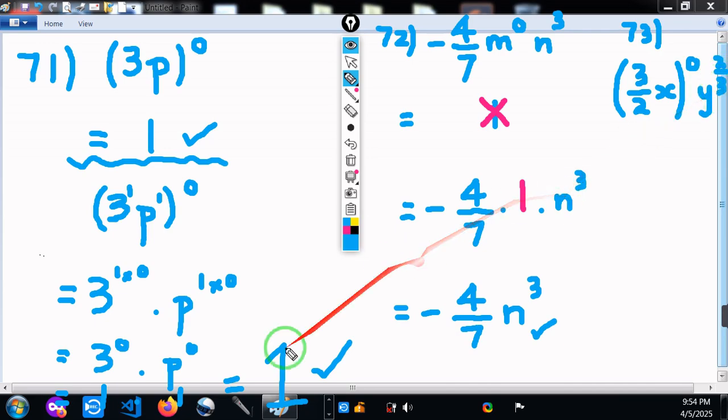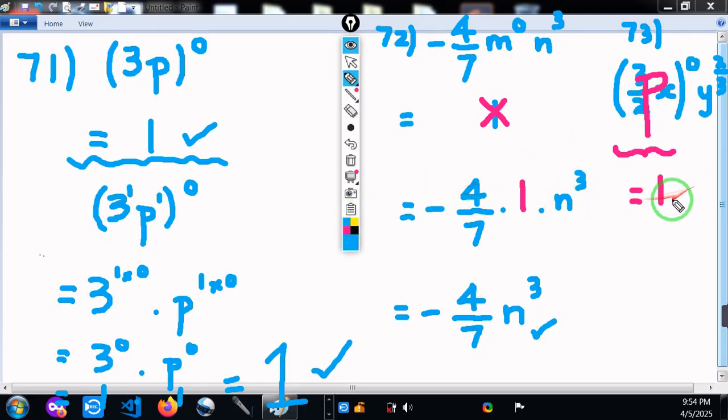Easy peasy. P to the power of 0 is 1. This whole lot is p to the power of 0, so it is equal to 1. So easy. And this part is not affected.